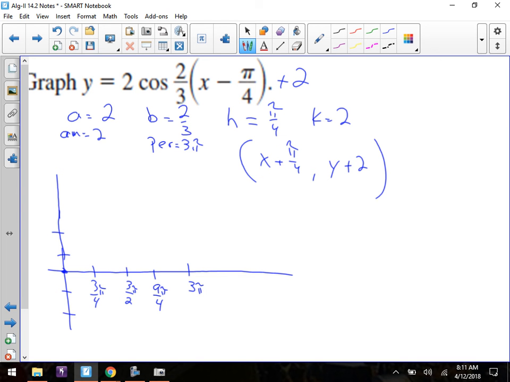A was positive. Cosine. Where does cosine start? Does it start at 0 or A? Hey. All right, never mind.